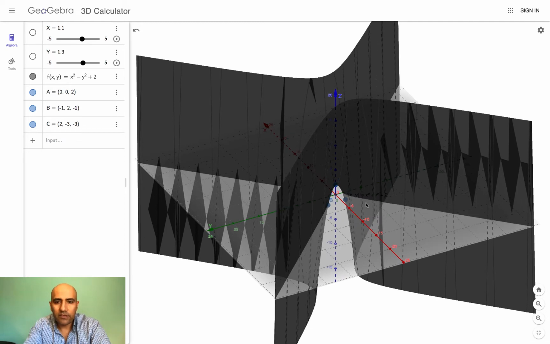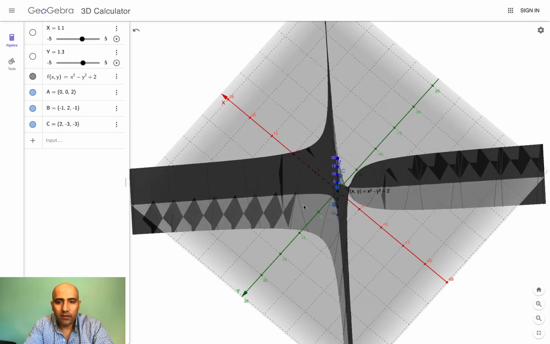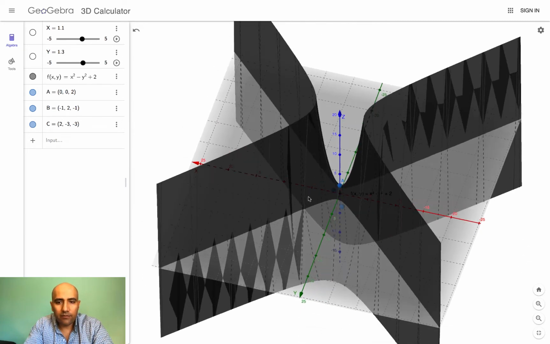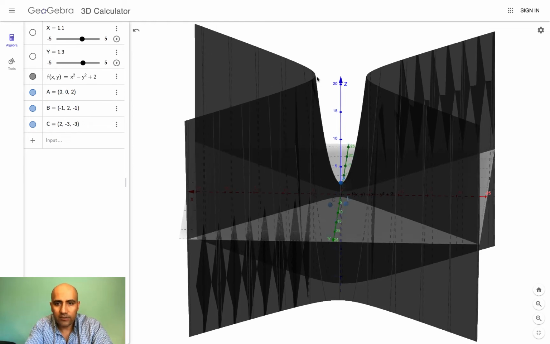You get some very interesting three-dimensional grids as you rotate around and kind of see this from the top down approach. It almost looks like a mountain range kind of thing. Notice that from certain angles it can look like a parabola, right? So from this angle we see that there's sort of this parabola here.